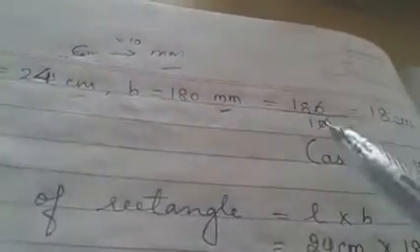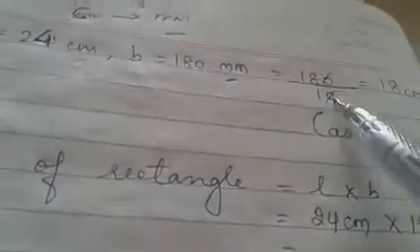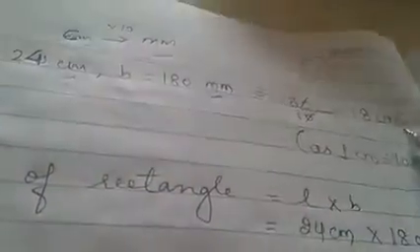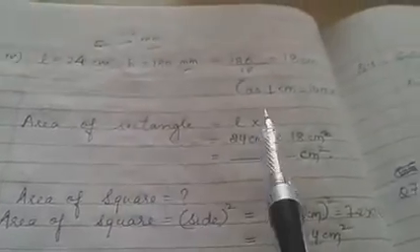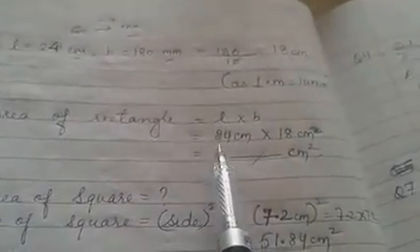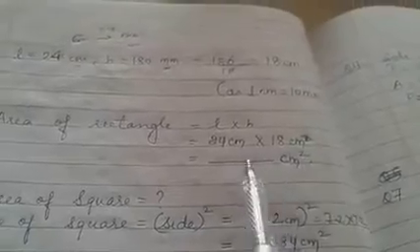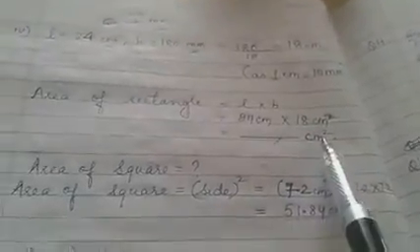But in this case I have converted mm to cm, so divided by 10. So 180 upon 10, 0 gets cancelled, 18 centimeter. Now both are in centimeter. Area of rectangle is equal to length into breadth, 24 centimeter into 18 centimeter. Just multiply and get the answer.